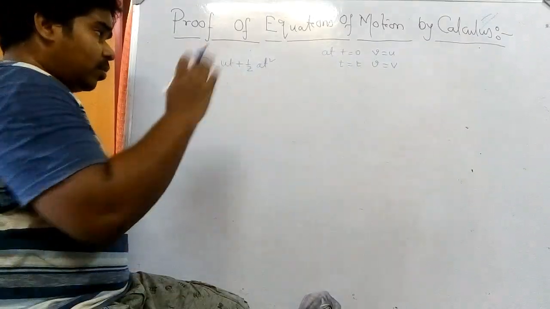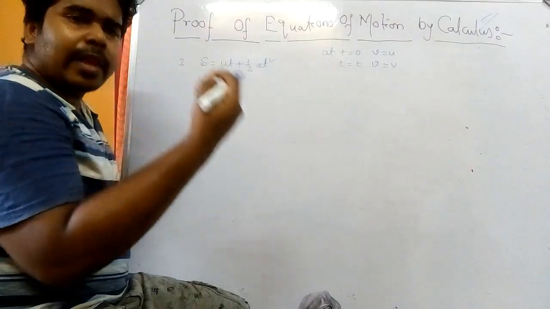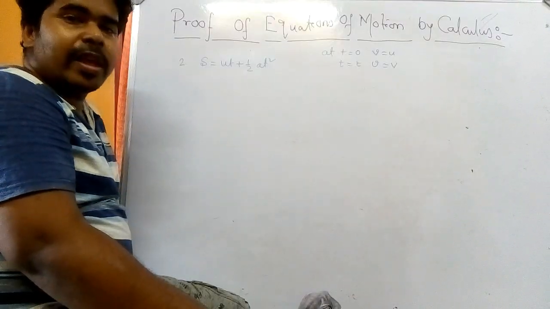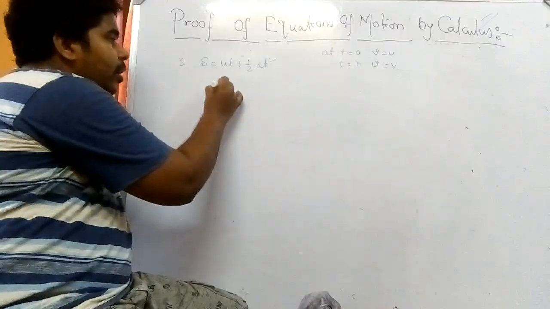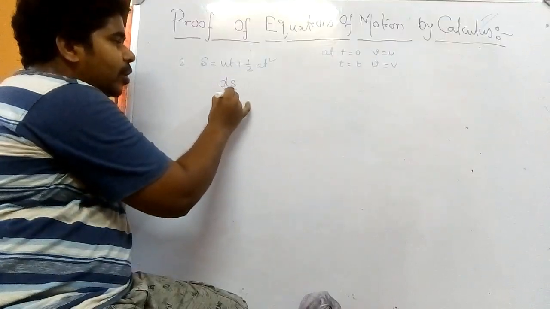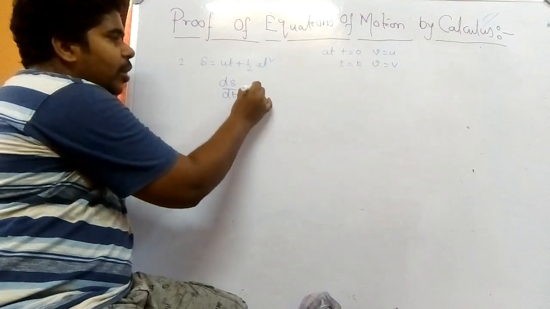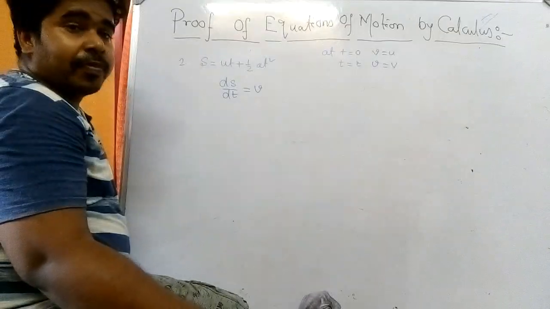Now whenever we have to see s, we have to use that differential equation where s is there. So we all know s is the displacement, and the differentiation of displacement with respect to time gives us velocity v.